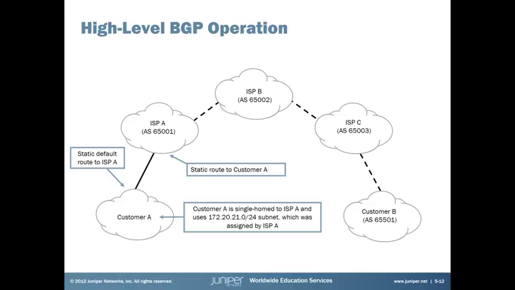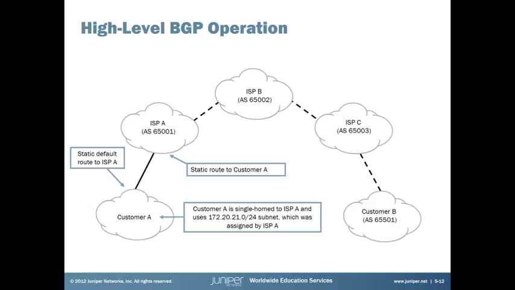So there we are, we've got a default static route configured on customer A's edge router to its ISP, and likewise the ISP has got a static route, not a default route, but a static route back to customer A's network.